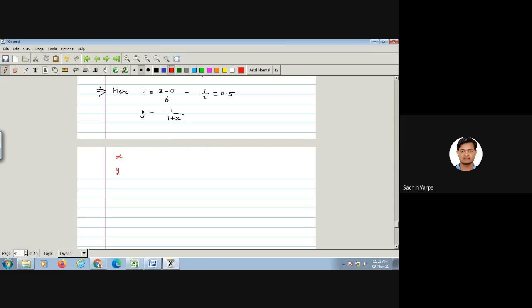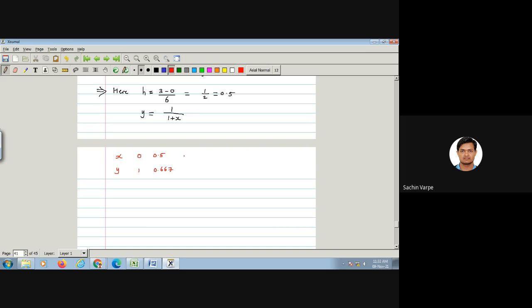X and corresponding y. So for x equal to 0, corresponding y is 1. For x equal to 0 plus 0.5, corresponding y is 1 upon 1 plus 1 by 2, that will be 3 by 2, so 2 by 3, which is 0.667.